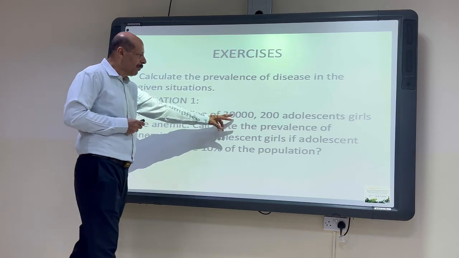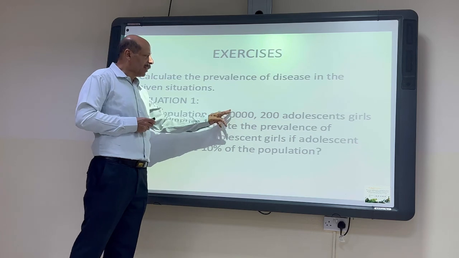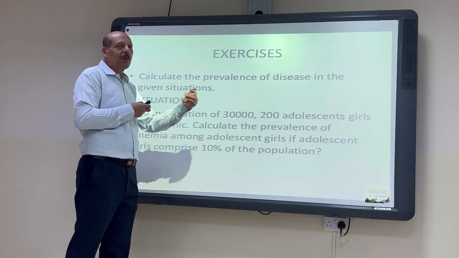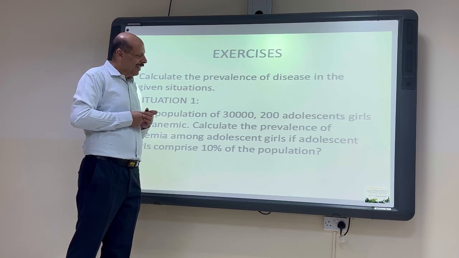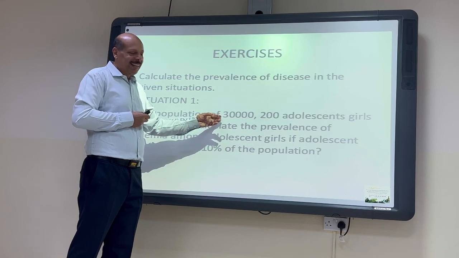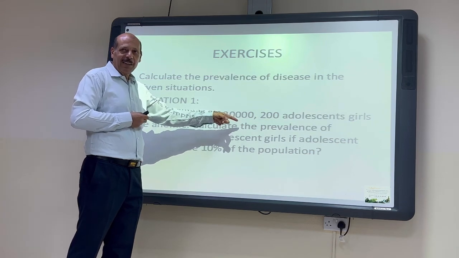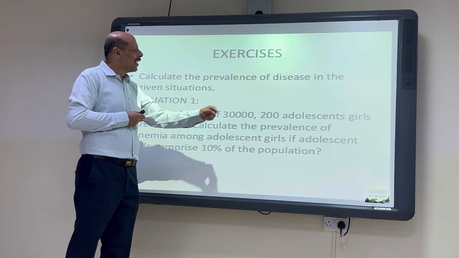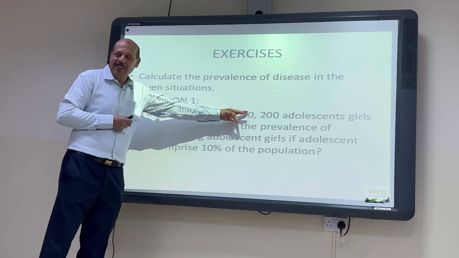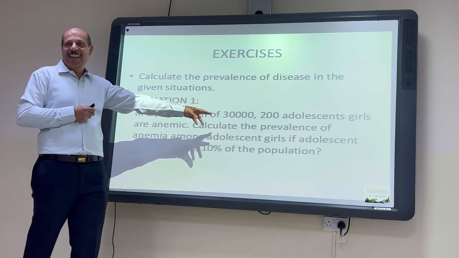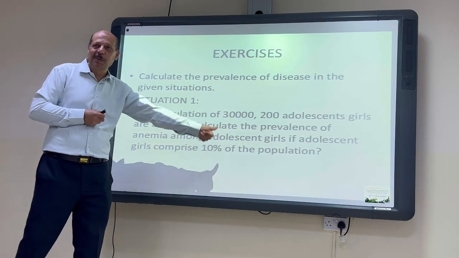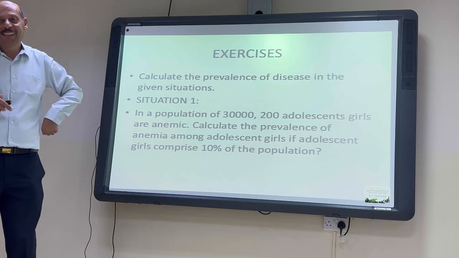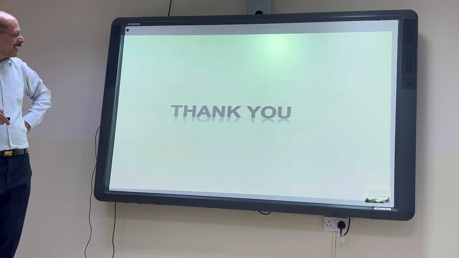So if I am taking 10% of the population, the number of girls will be 3,000. So adolescents who are having anemia, 200 divided by 3,000 multiplied by 1,000. Okay? So this is the prevalence.